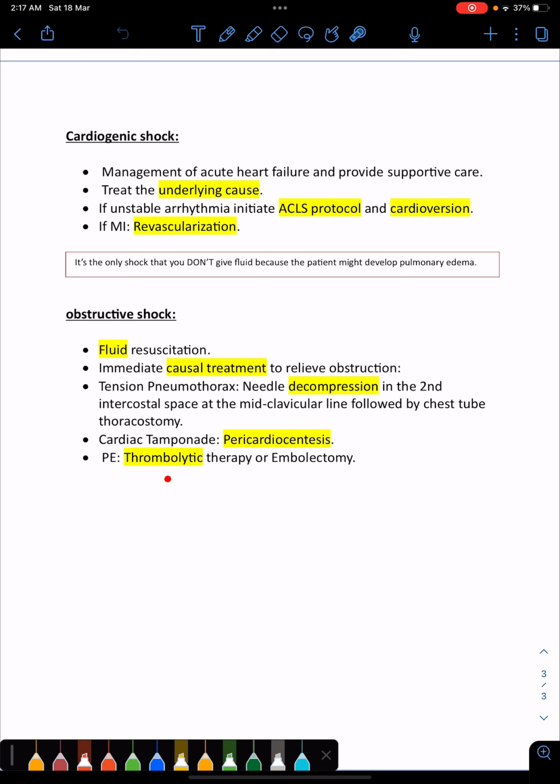So sometimes thrombolytics are done, because we want to decompress the lungs or the heart.